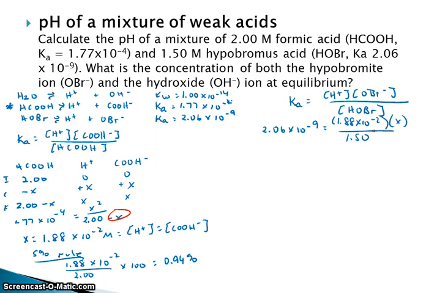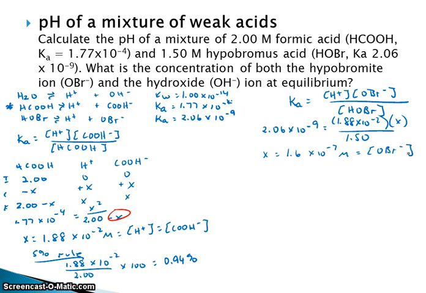So we'll multiply both sides by 1.50, divide both sides by 1.88 times 10 to the minus 2, and we're going to get X equals 1.6 times 10 to the minus 7. And that's going to be the concentration for our hypobromite ion.